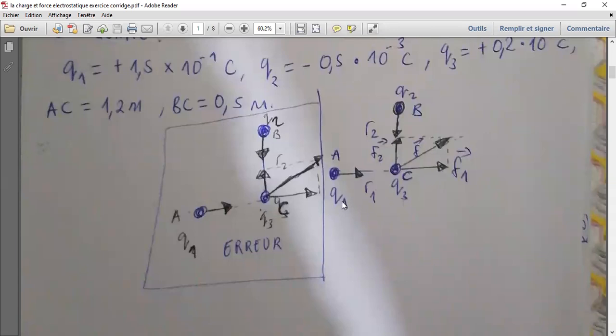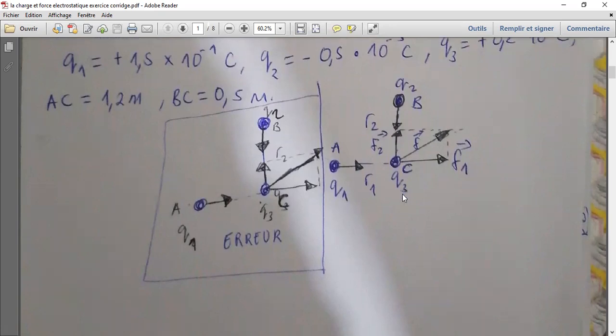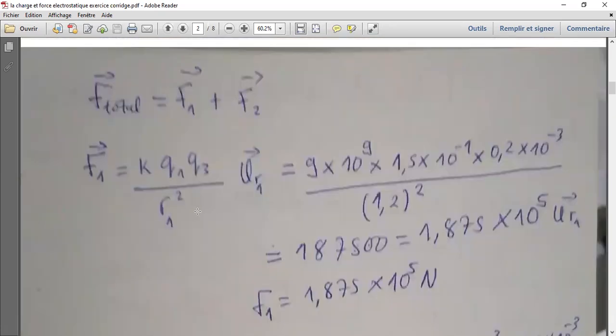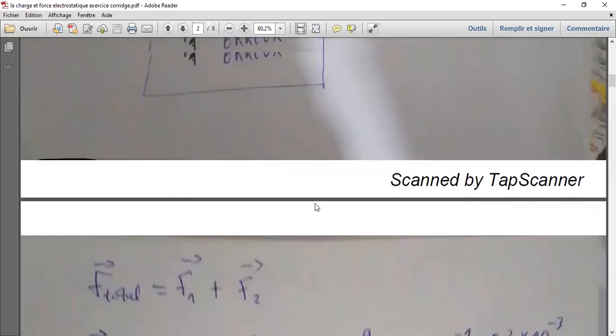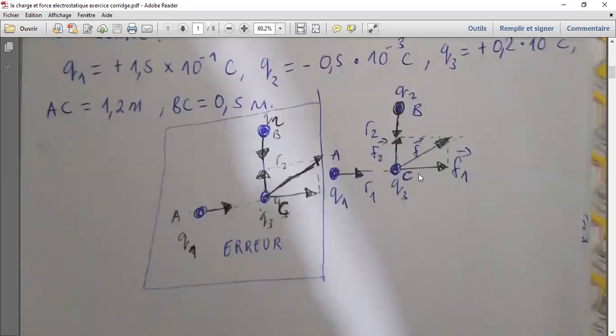So this is Q1 times Q3 for F1 divided by R1 squared. R1 squared actually is the distance AC, which has already been given here. The distance AC is 1.2 meters.